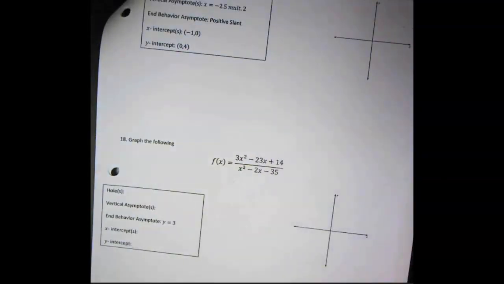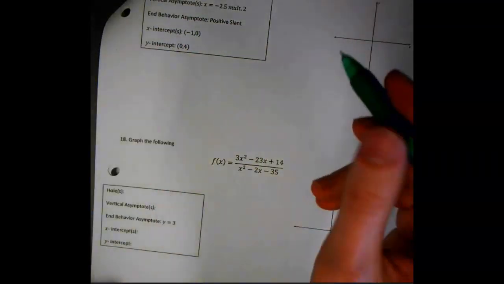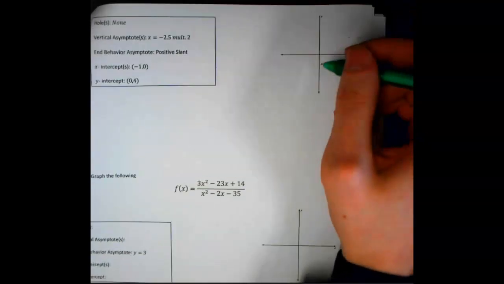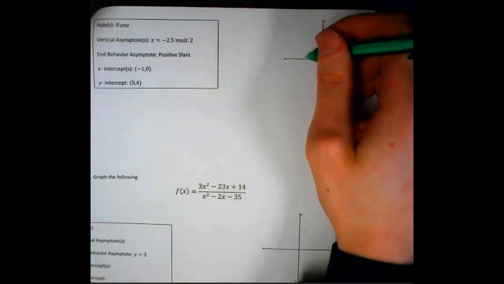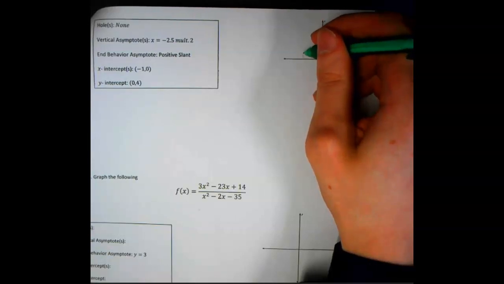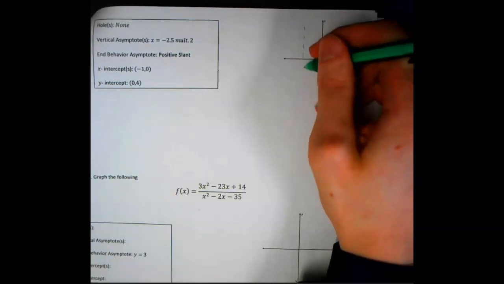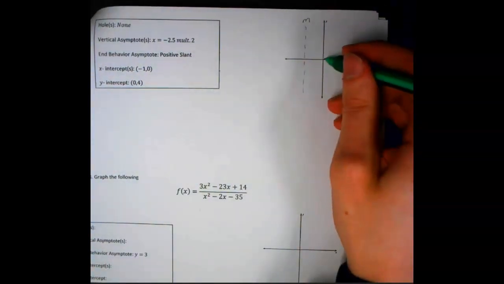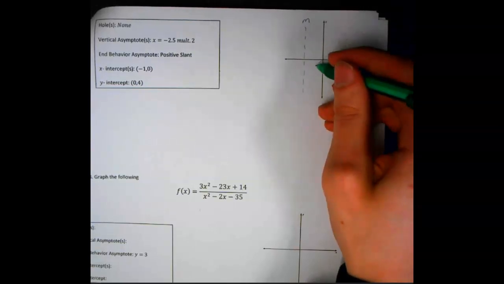Next, we're going to go with problem 17. For problem 17, we have no holes. Our vertical asymptote is at negative 2/5, or negative 2.5. So we'll have it just be somewhere in here. And its multiplicity. The end behavior is going to be a positive slant.